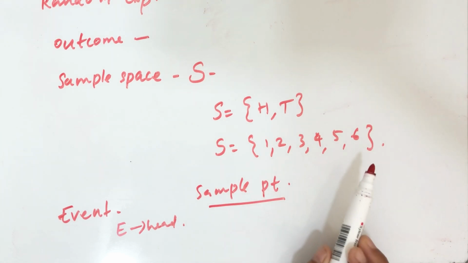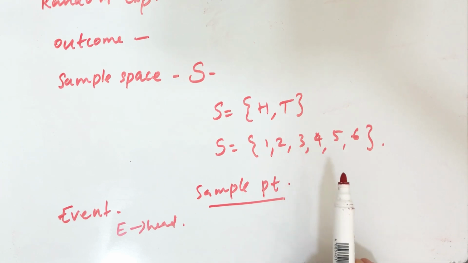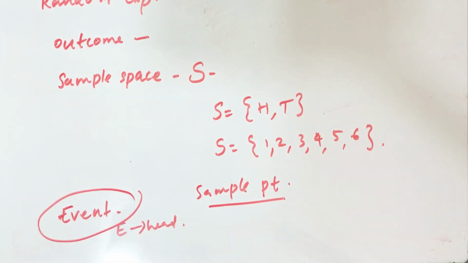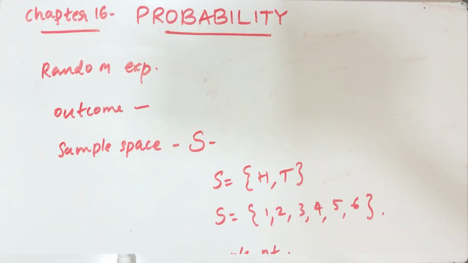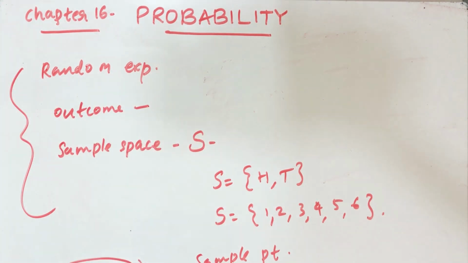And in the example of rolling a die, getting the number 3 is an event, or getting a number less than 4 is an event, or getting an even number is an event. We can discuss more about events in the next video: types of events, algebra of events, etc. Today we can see more examples to understand these terms in more detail: outcome, sample space, sample point and all.